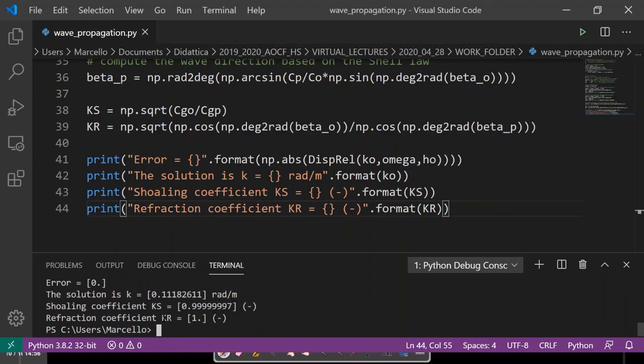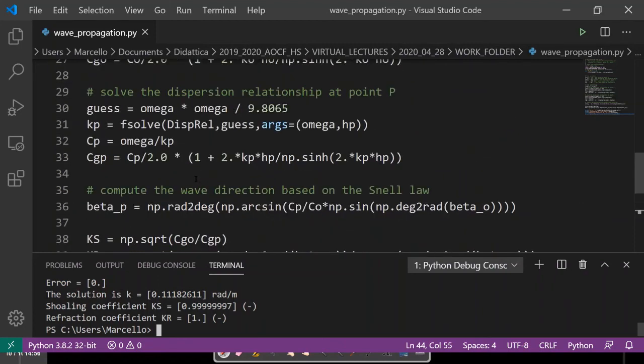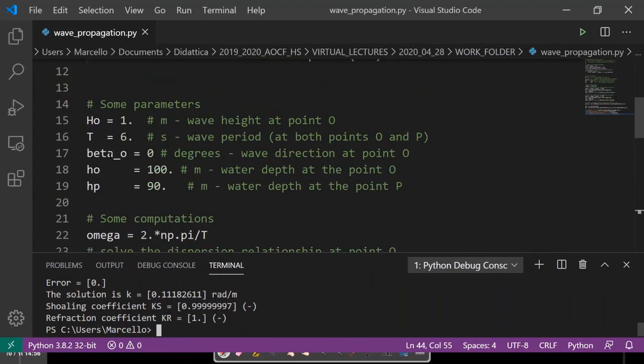Of course, as the wave direction offshore is defined by beta O equal to 0, it means that the waves are propagating perpendicularly to the bathymetric lines. The refraction phenomenon does not occur.